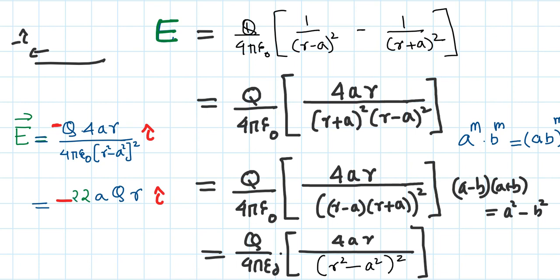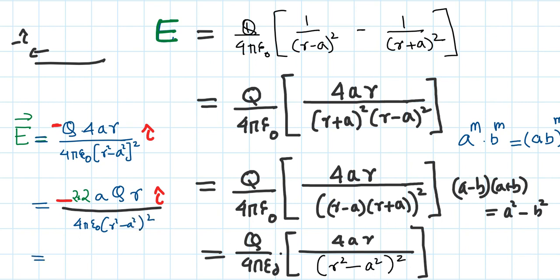So what I've done is I have just factorized 4 into 2 into 2. That's all. You will know why in a moment. And in the denominator you have 4 pi epsilon 0 (R square minus A square) the whole raised to 2. That's all.